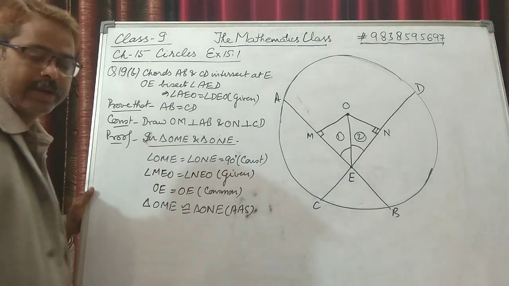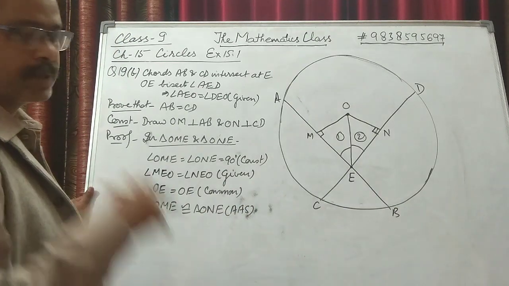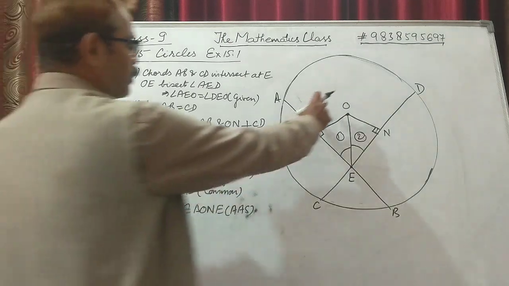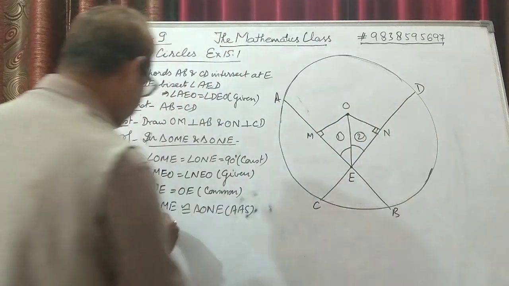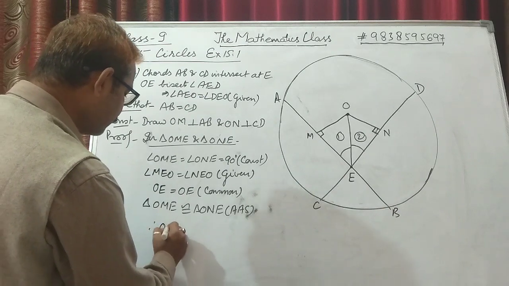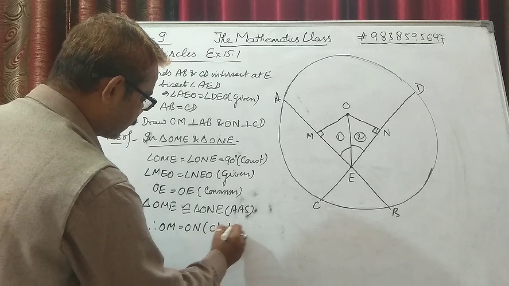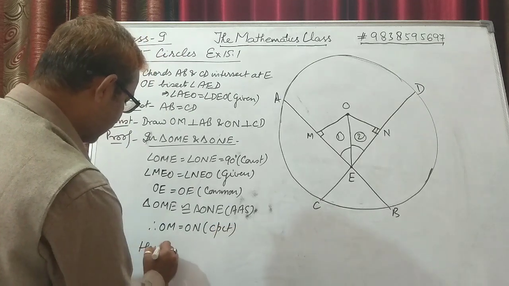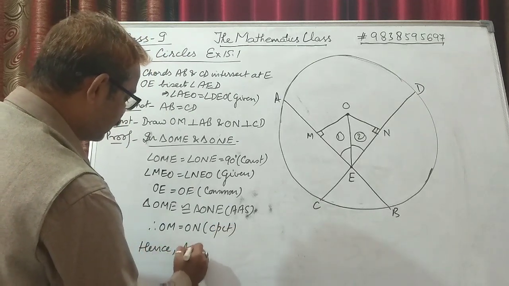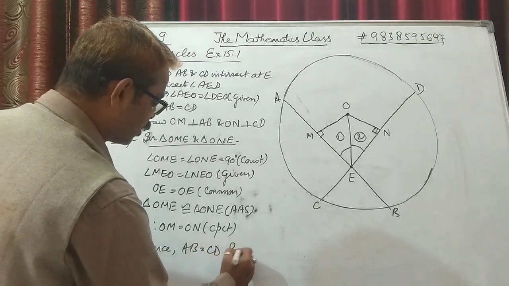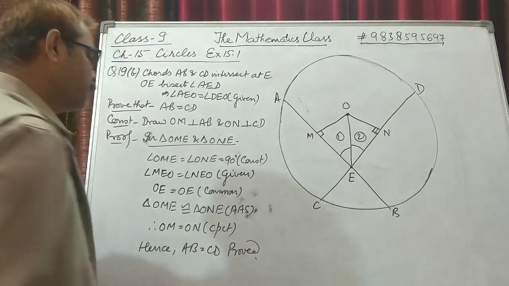If the triangles are congruent, then all 6 elements of one triangle are equal to the corresponding 6 elements of the other triangle. Therefore OM is equal to ON by CPCT. Hence we can say AB is equal to CD. That is your proof.